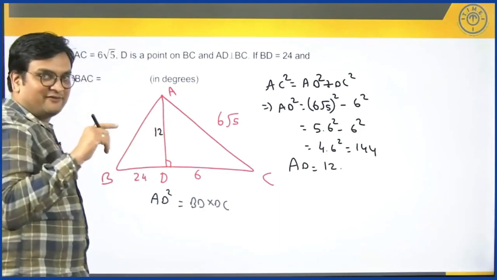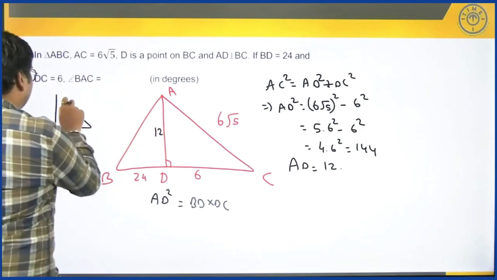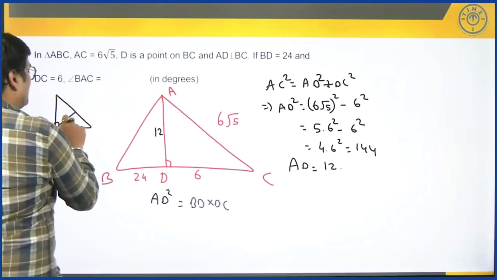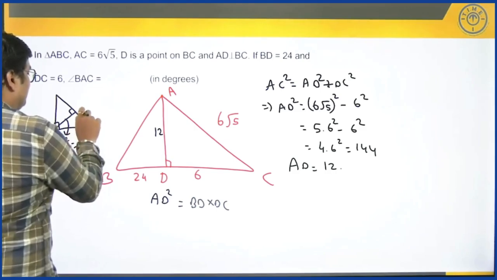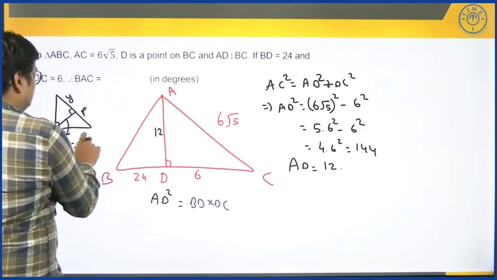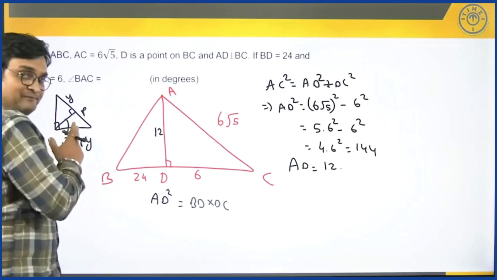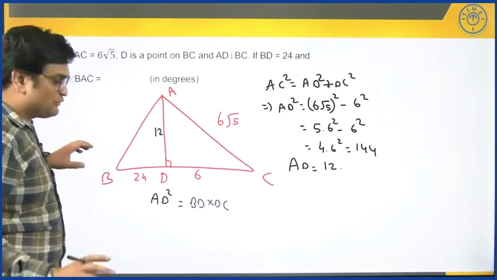That's the property that we have in right angle triangle. In a right angle triangle, if you drop a perpendicular here, then square of this perpendicular will be equal to product of these two segments, P into Y. That happens only in a right angle triangle.